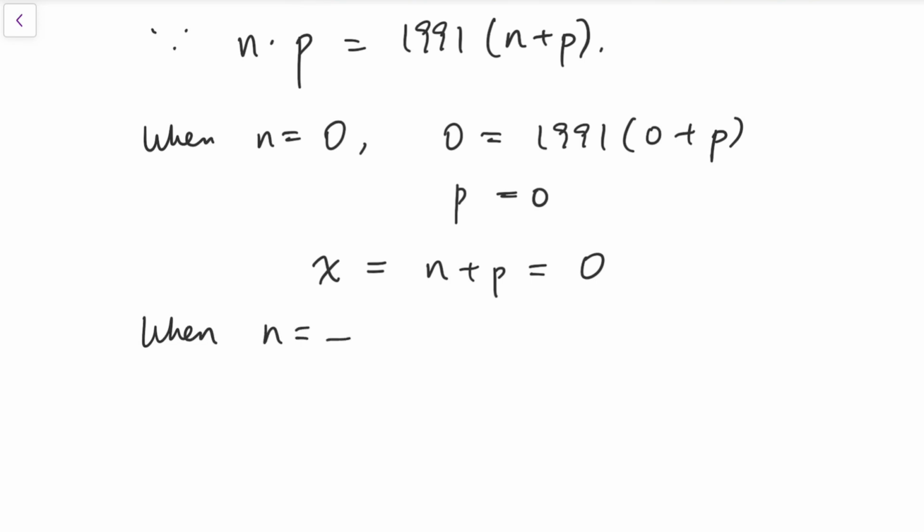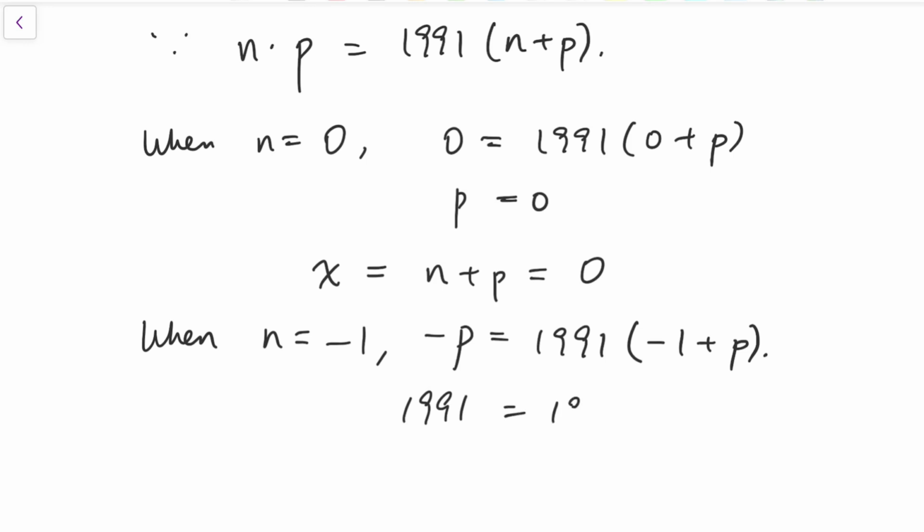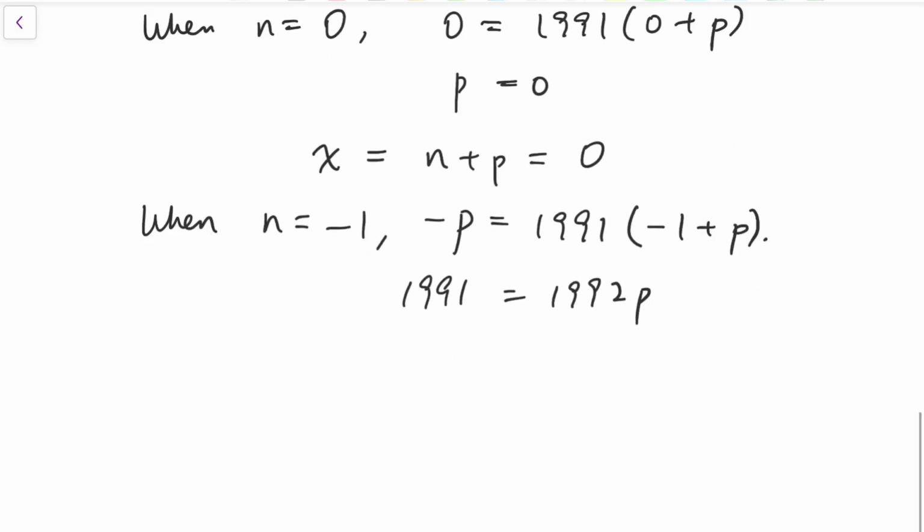Finally, when n equals minus 1, then we have minus p equals 1991 times minus 1 plus p. And we can solve for p. On the left, we have 1991, which equals 1992p.